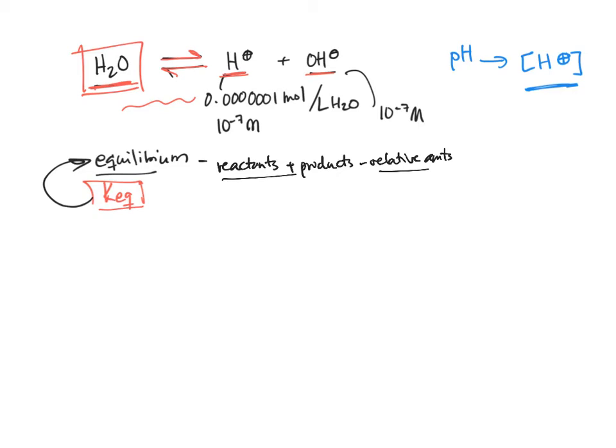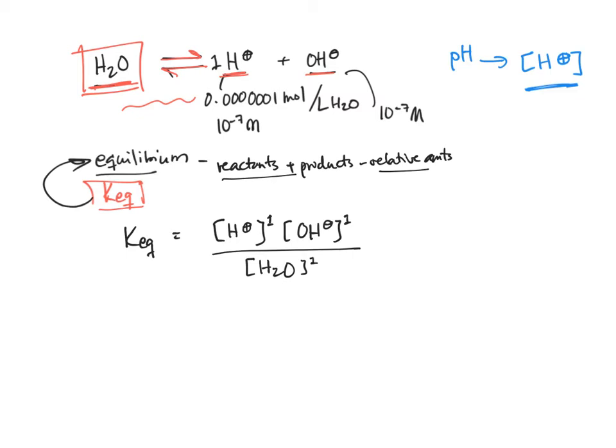So for water, we can write Keq is equal to those products, proton, and I'm going to raise it to the first power because we have 1 proton, times the concentration of hydroxide ions, again raised to the first power, over the concentration of the reactants, again raised to the first power.